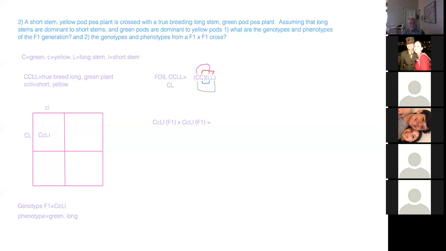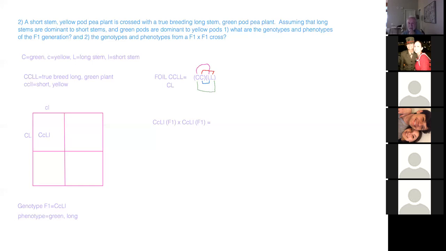This is what I'm trying to do now for part number 2. Does it make sense why we're doing it this way? Why this setup is the way it is? No. Yeah, I don't understand. I'm sorry. Okay.